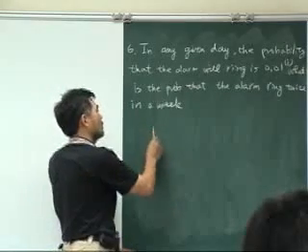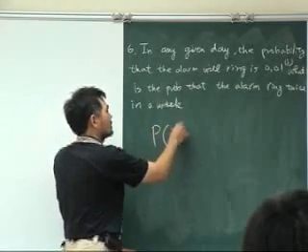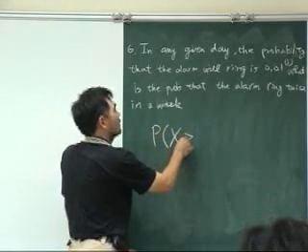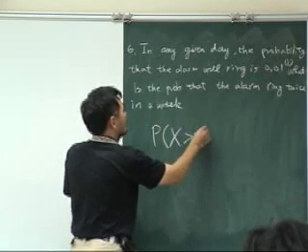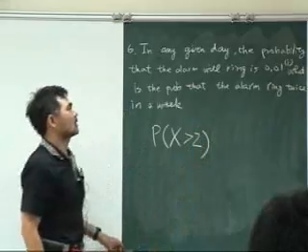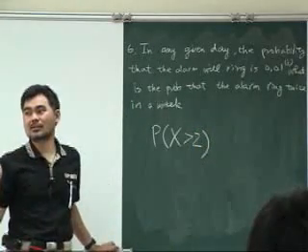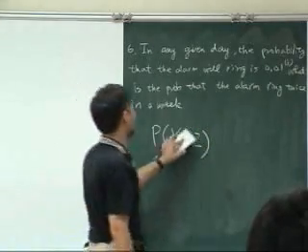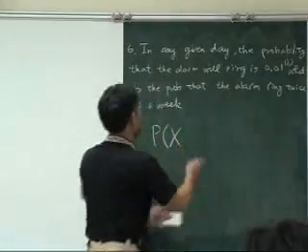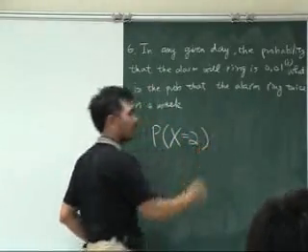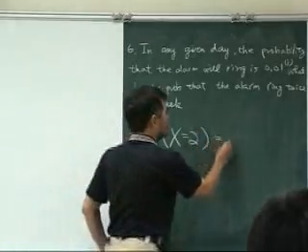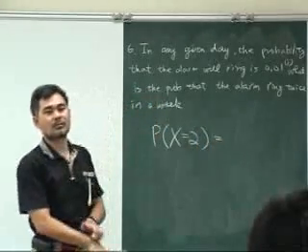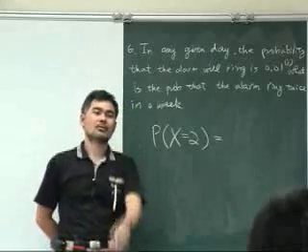You are looking for probability that x greater than 2, right? Oh, sorry, it says twice. Twice is exactly 2 times, right? Okay? So what should be here? What kind of probability you are looking for? The lady in green coat.